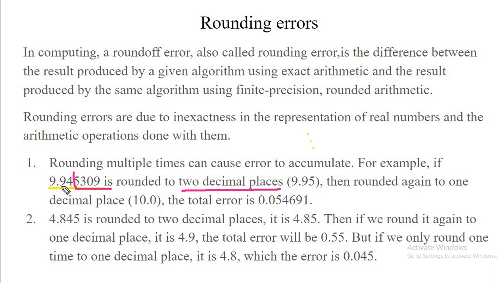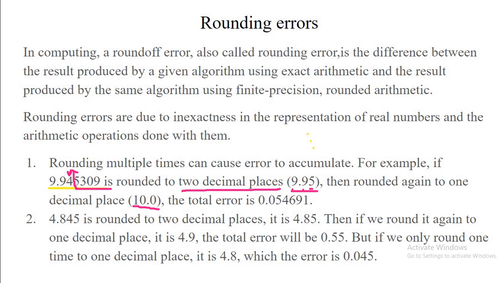Now see, 9.94, and after that you have 5. As it is 5, we are going to add 1 over there, so this becomes 9.95. Now if you want to round off again, this number 9.95 is very close to 10, so you can have an approximation.